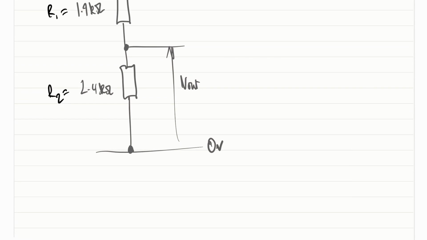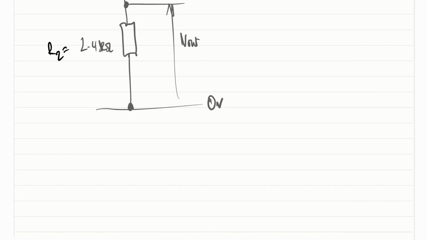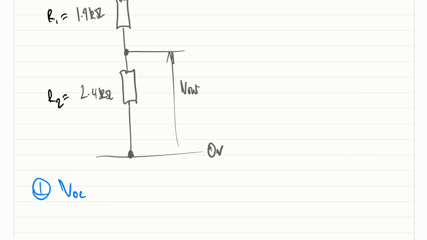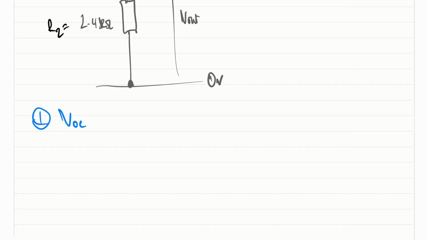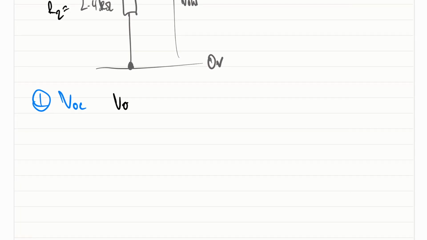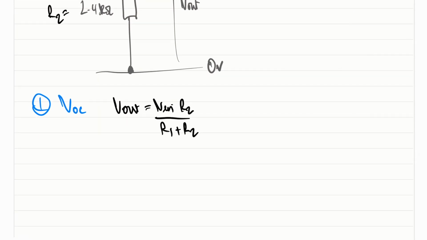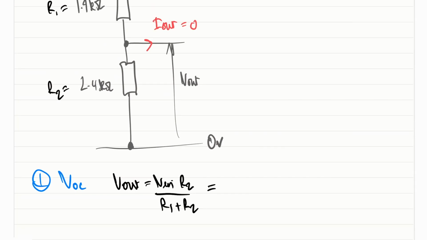To figure out our first term, VOC, we need to say that the output current is 0. This means that we can now use the formula Vout equals Vin times R2 over R1 plus R2, and we can fill out the values as they are.